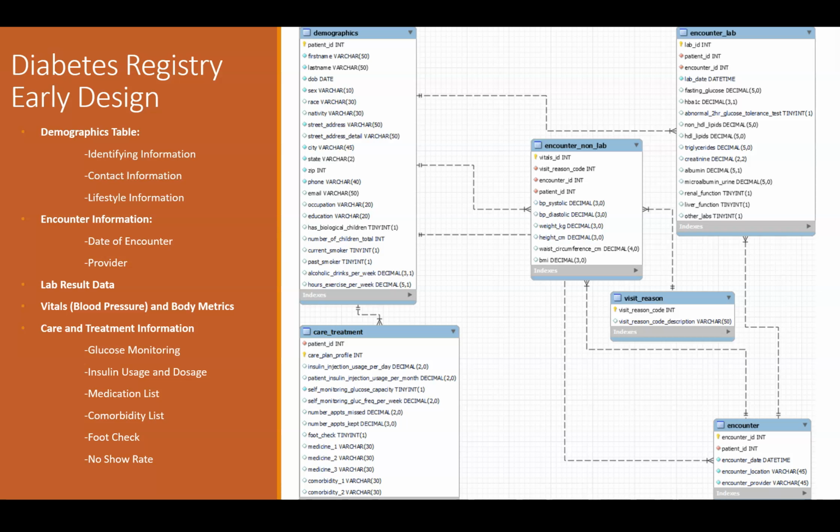At this stage, our diabetes registry is not that filled out, but here's an early version of what we expect it to look like.